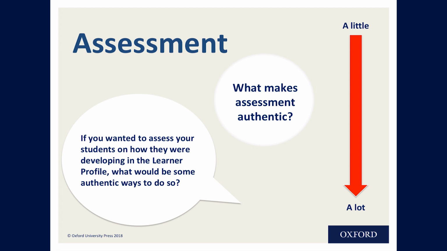So now what I want you to do is whatever trait you chose earlier, think about your students now. What would students who have that characteristic just a little look like versus students who have it a lot?